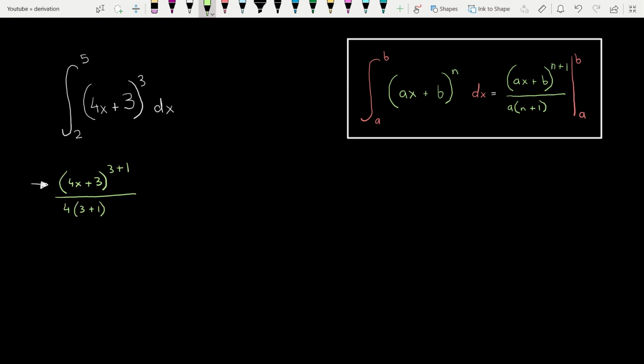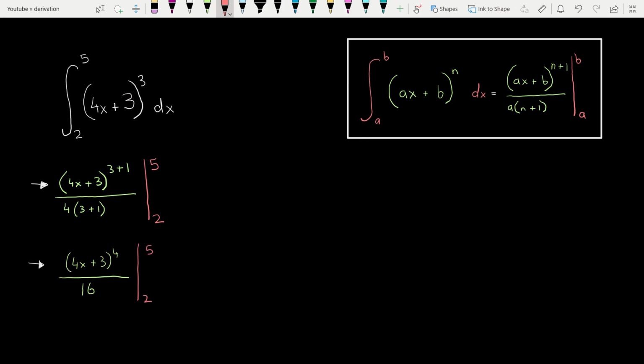So all we did was we added 1 into that power. We add 1 into the 3, you can see, and then we divide that entire thing by the power, which was 3 plus 1, multiplied by the coefficient of x, which was 4. And of course, don't forget to put your limits. And now we can simplify this thing, so it's going to look something like this.